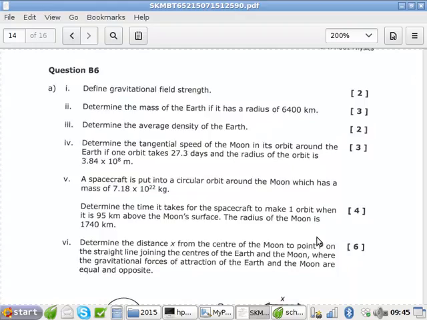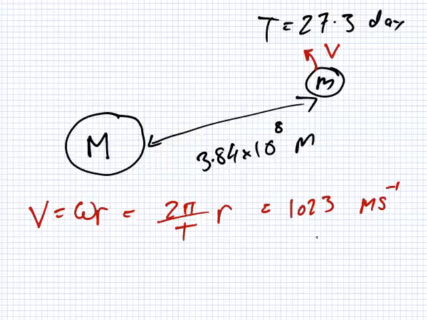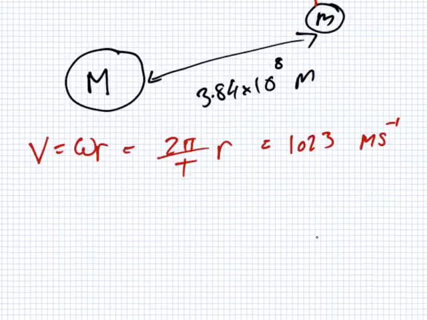Okay. A spacecraft is put in orbit around the moon, which has a mass. Oh, they give you the mass of the moon. Determine the time taken for the spacecraft to make one orbit when it's 95 kilometers above the surface. Okay, so in this picture here, we have the moon.